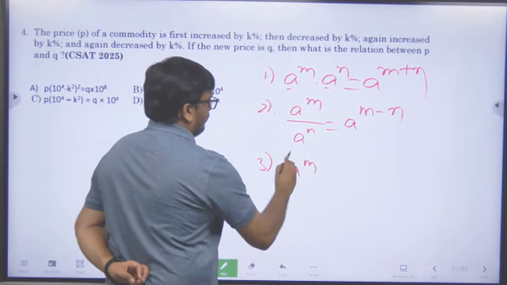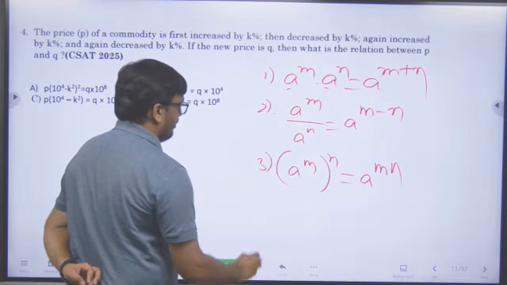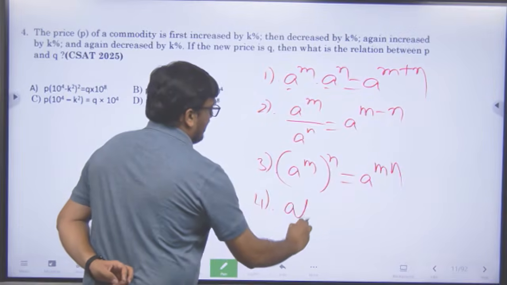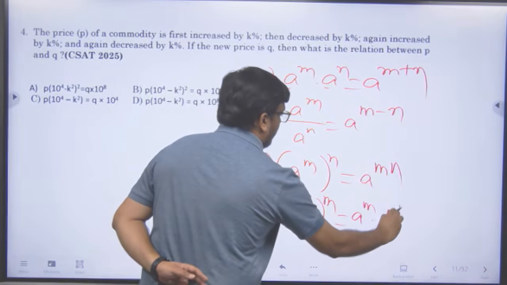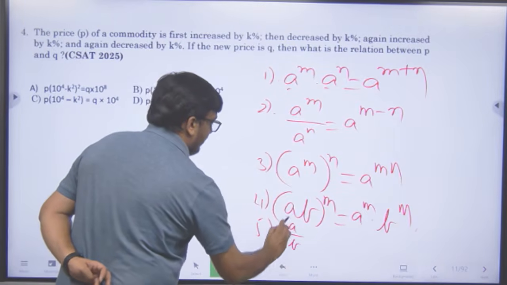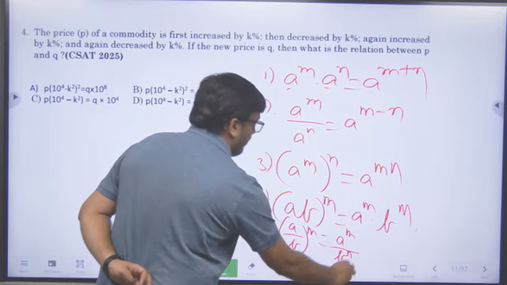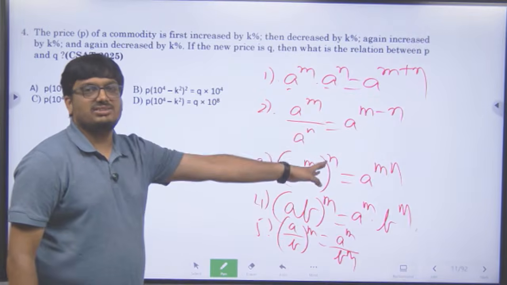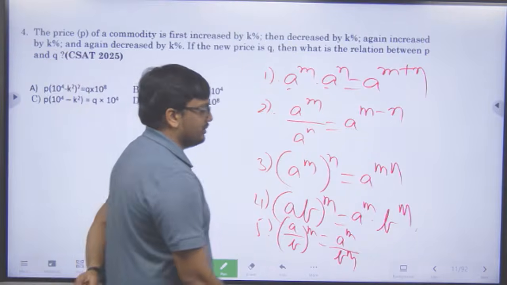A power m whole power n is A power m into n. A into B whole power m is A power m into B power m. Finally, A by B whole power m is nothing but A power m by B power m. These are all the basic surds and indices. So indices means powers.